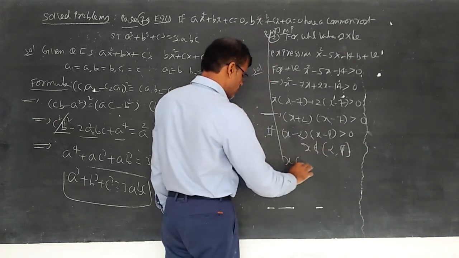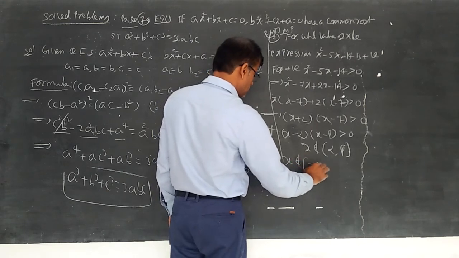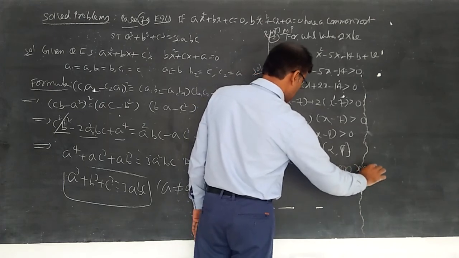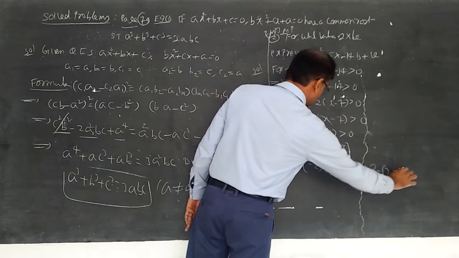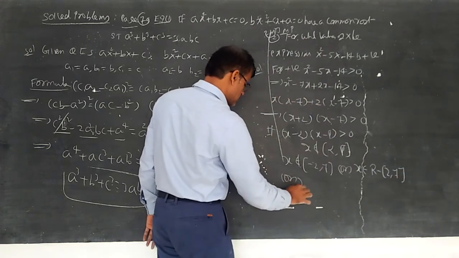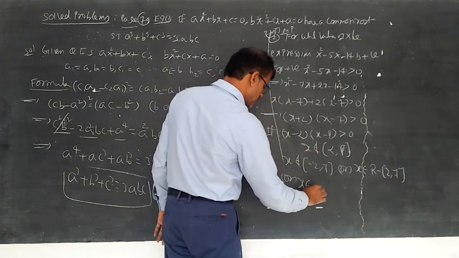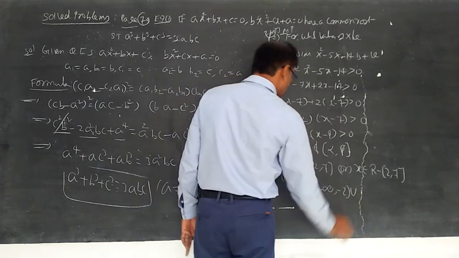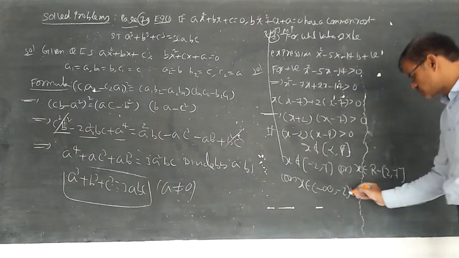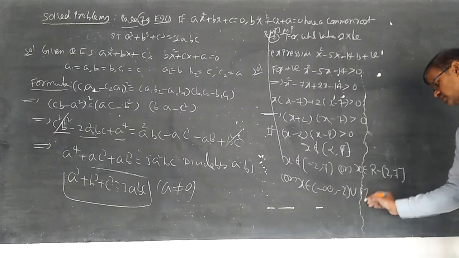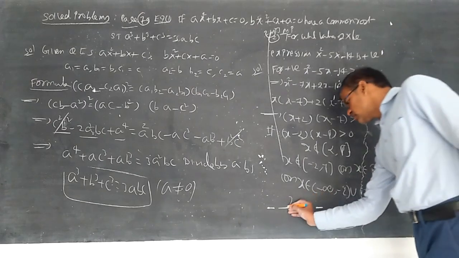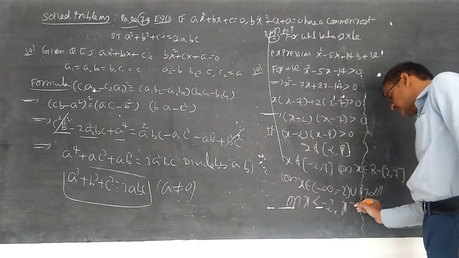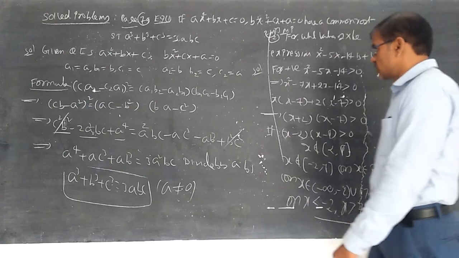Therefore x does not belong to the closed interval minus 2 comma 7, or x belongs to R minus the closed interval [minus 2, 7], or x belongs to (minus infinity, minus 2) union (7, infinity). Whenever equal to is not there, you should get open intervals. Now you can understand, according to the theorem, x less than minus 2, x greater than 7. Any way you can write it.